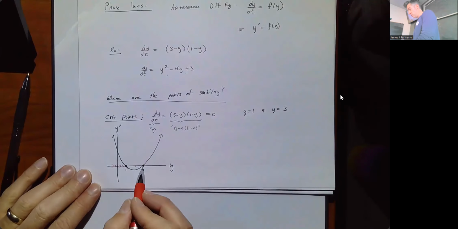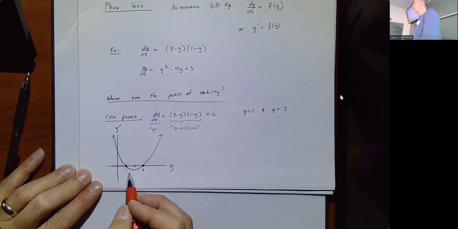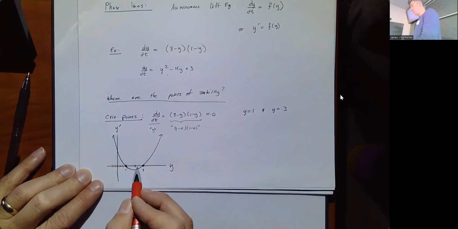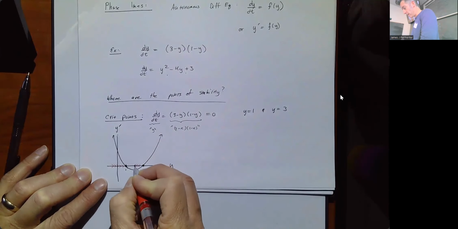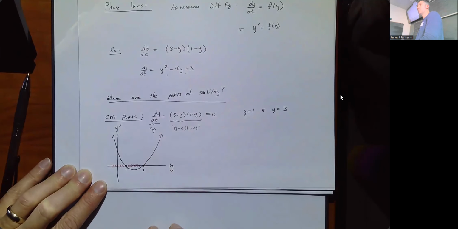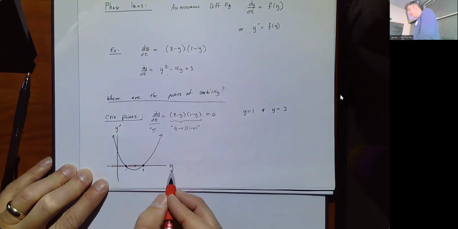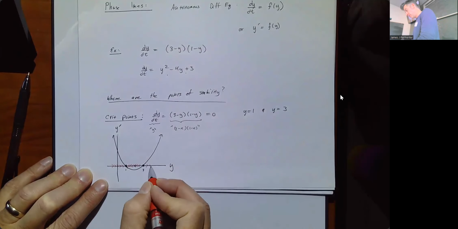Between 1 and 3, the derivative is negative, so if y is between 1 and 3, y is going to get smaller. Similarly, if y is bigger than 3, the derivative is positive, so the y's are increasing.